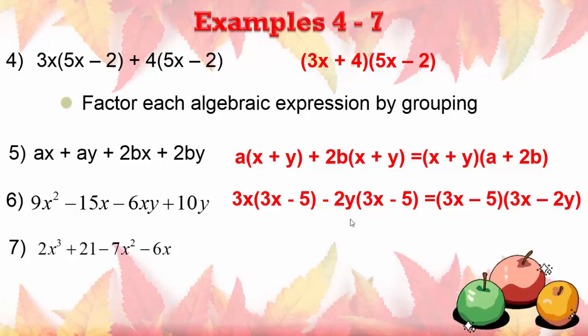In example number 7, we're asked to factor these 4 terms using the technique of factoring by grouping. So let us go to the whiteboard and work this out. In example number 7, we're given 2x cubed plus 21 minus 7x squared minus 6x.